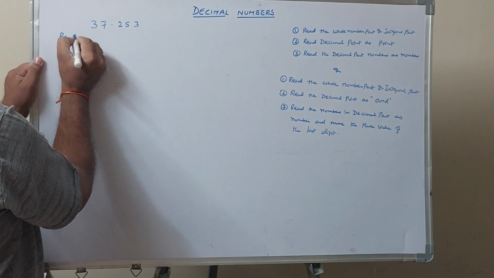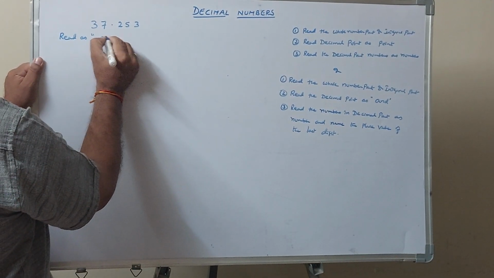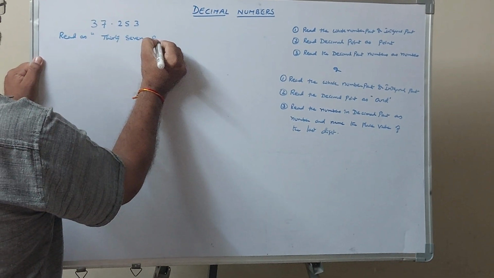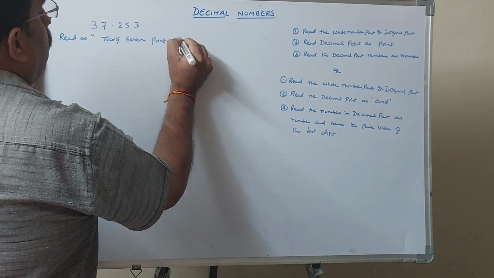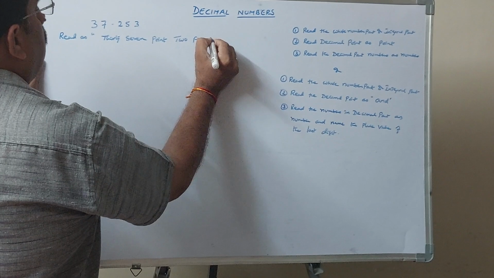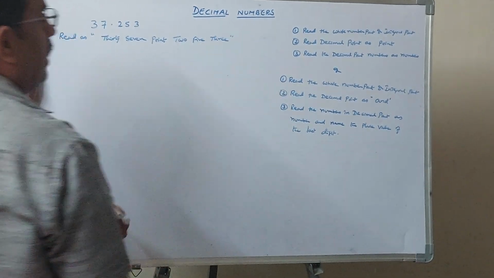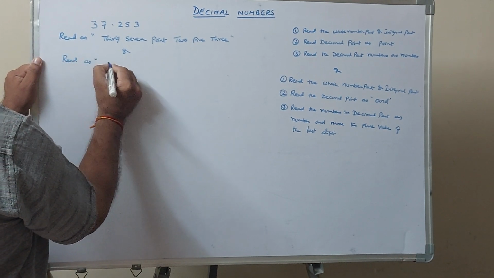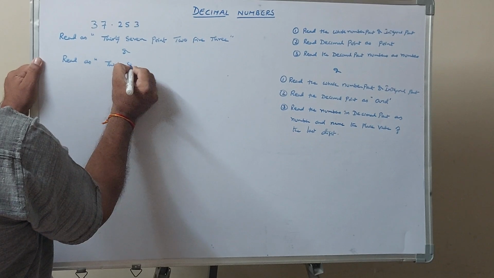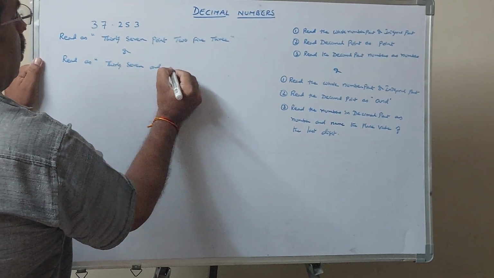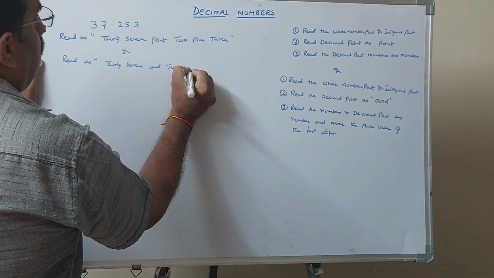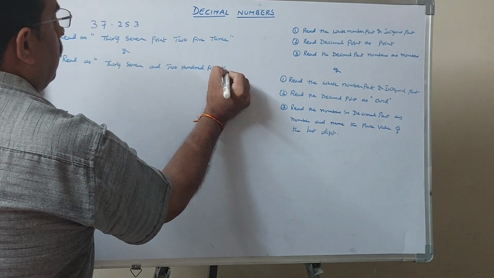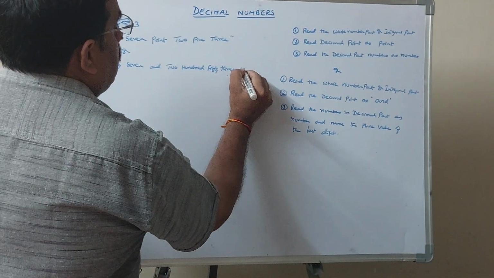The first way is to read as 37.253. The second way is to read as 37 and 253 thousandths.